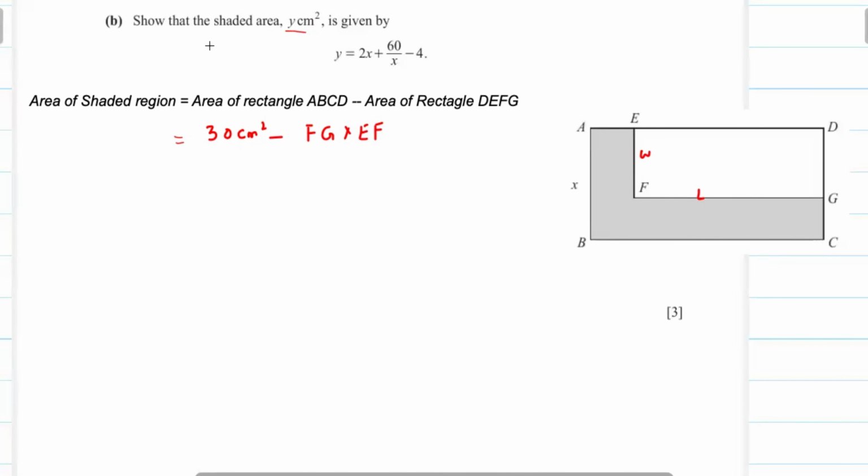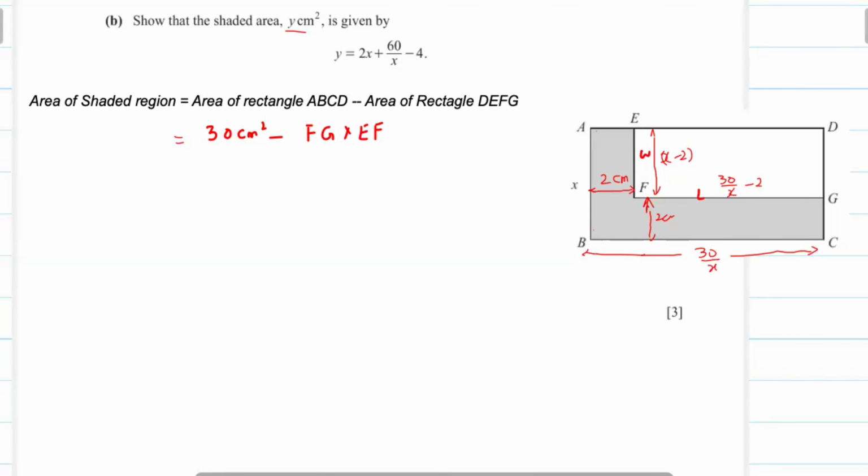You see here this length BC is given in part A. This is 30 over x, and therefore this length FG will be 30 over x minus 2, because this AE length is given 2 centimeter. And the length of EF will be total length. You see here AB is x, and this part length is 2 centimeter. Therefore, this length will be equal to x minus 2 centimeter.